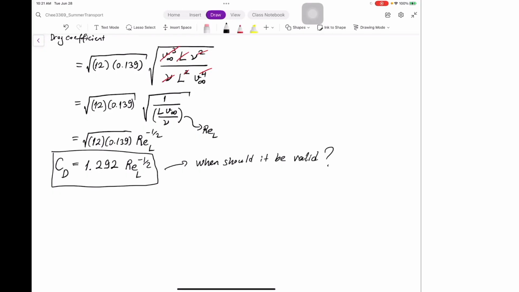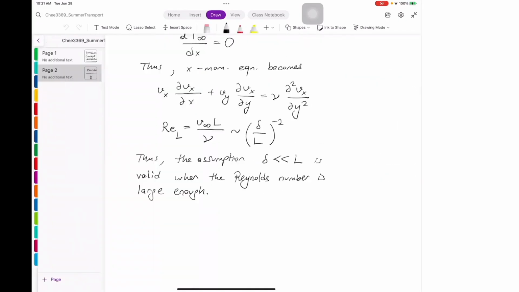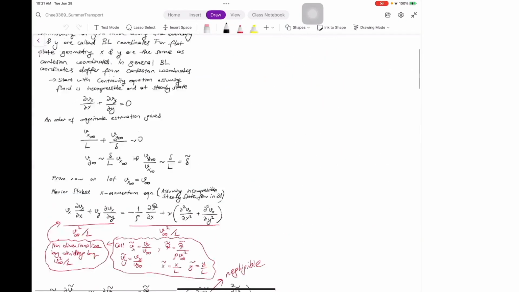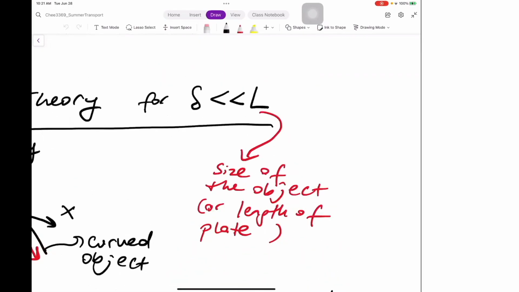What was the main assumption we made in all these derivations? Any idea?